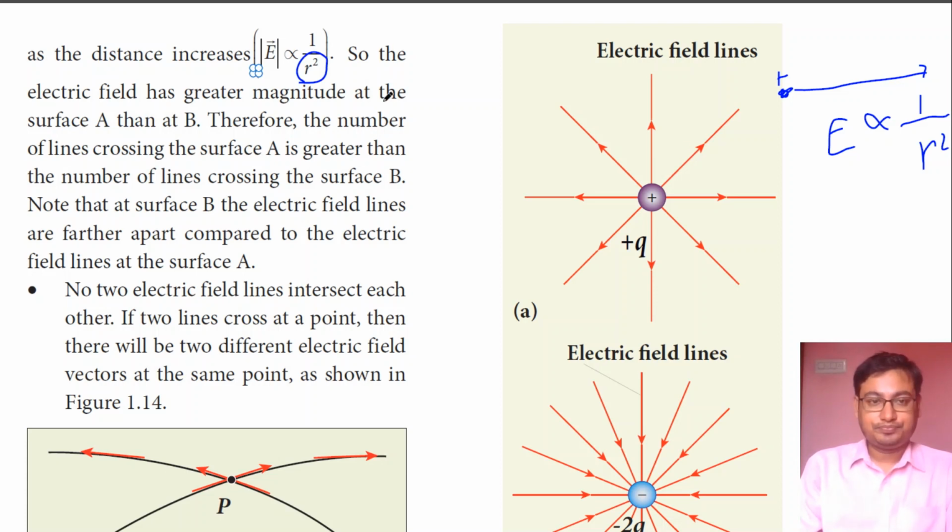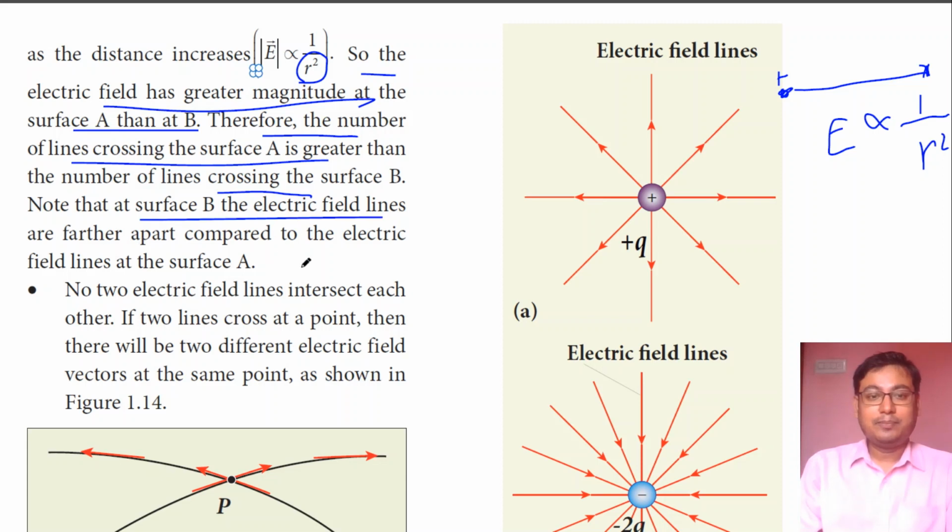So the electric field has greater magnitude at surface A than at surface B, as we have seen in the previous figure. Therefore, the number of lines crossing surface A is always more than that of surface B. Note that at surface B the electric field lines are farther apart compared to surface A. What does that mean?